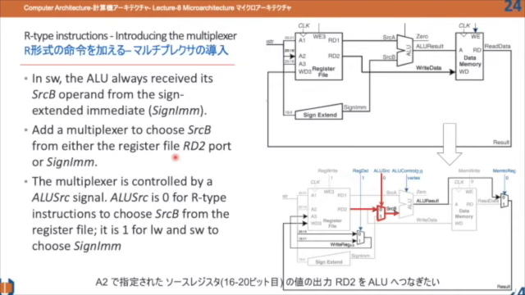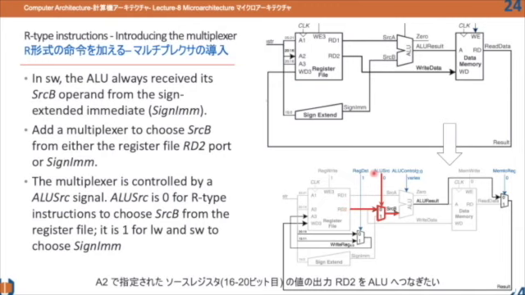So now what we have to do is add a multiplexer to source B, selecting either the register file RD2 port or the sign extended immediate, because in the R-type instruction we need to perform the arithmetic operation between source 1 and source 2. We need addition or subtraction with the addresses A1, A2, meaning the data of RD1 and RD2.